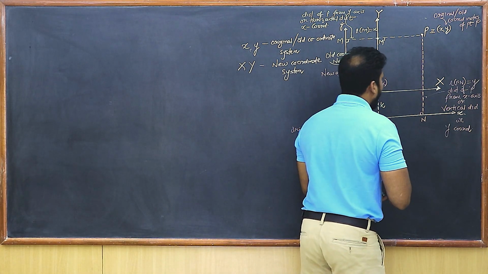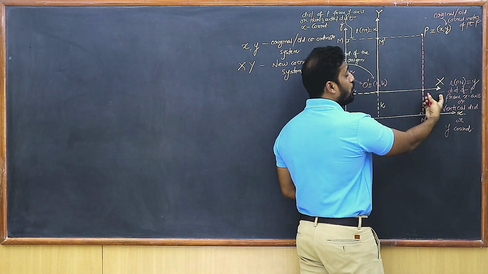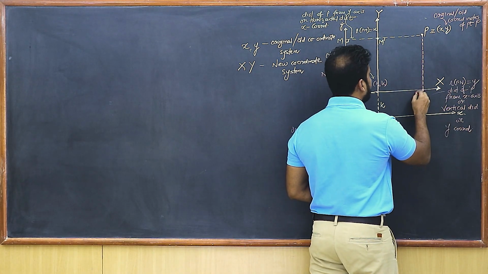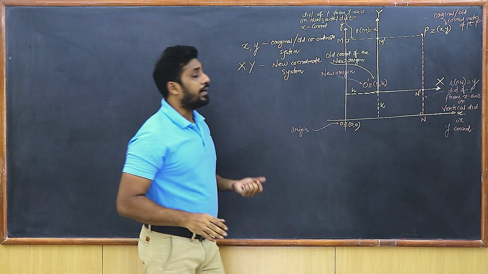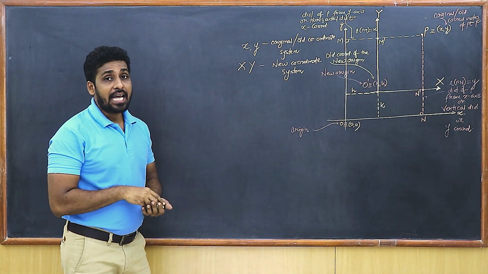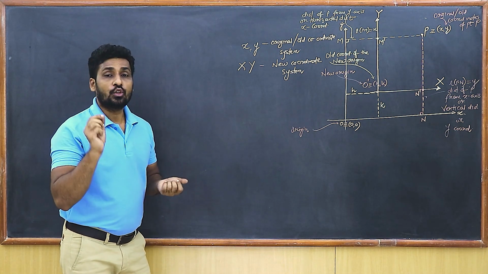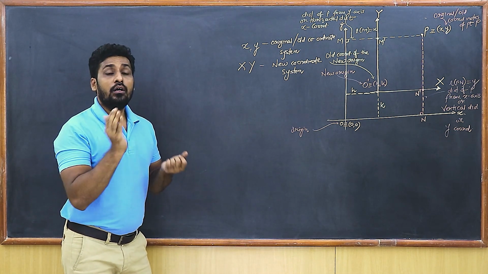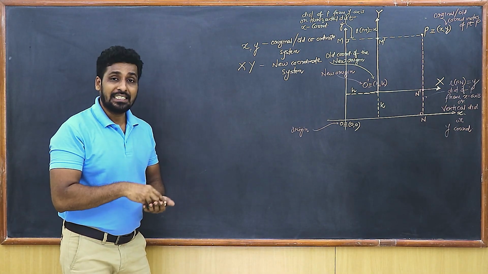Likewise, I'm going to call the point of intersection of the new x-axis with PN as, say, N dash. So can you observe that PM dash and PN dash are nothing but the horizontal and the vertical distance of the point P from the capital Y and the capital X axis? That means the new coordinate system, isn't it?